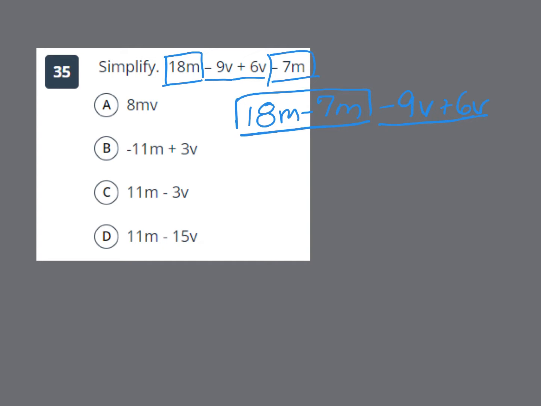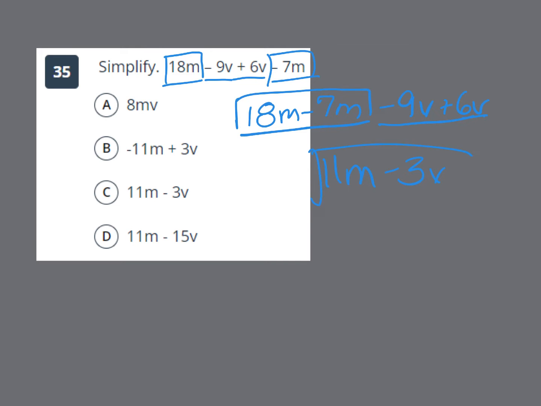So if I've got 18 M's, I take 7 of them away. That leaves me with 11 M's. Negative 9 V's. And then I add 6 V's in. That means I'm still down 3, or negative 3V.